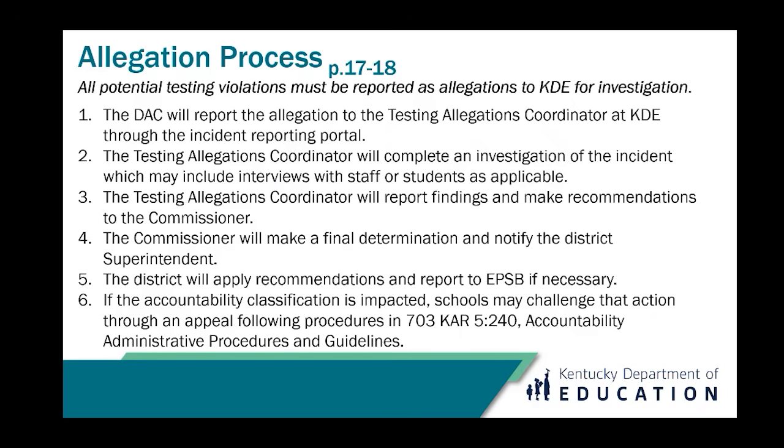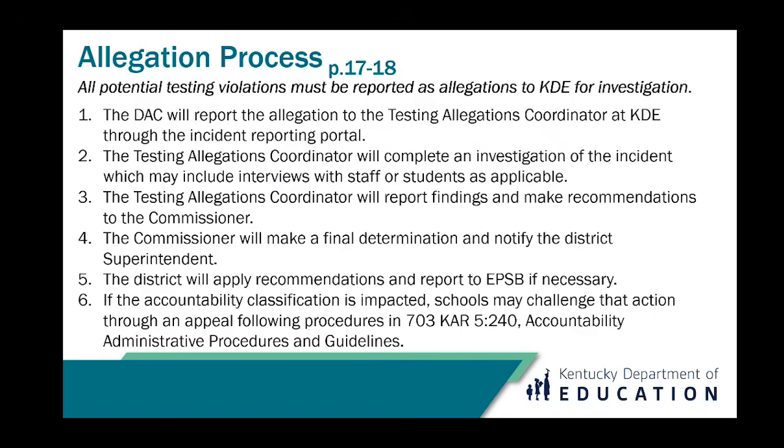In addition, KDE may require schools with serious test security issues, as determined during the allegation process, to follow specific testing guidelines. For example, two-person control of secure test materials, additional monitoring, etc., during future test administrations.